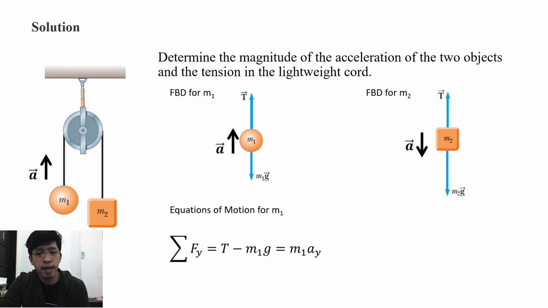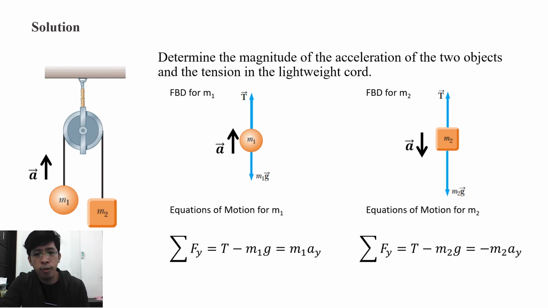Okay, so we have a positive acceleration, so you have m1ay. And this is the equation of motion for your m2. So you have the sum of all your Fy is equal to your tension minus m2g, that is equal to minus m2ay. Here you have a negative m2ay because our acceleration is downward. So we take here acceleration upward as positive and acceleration downward as negative.